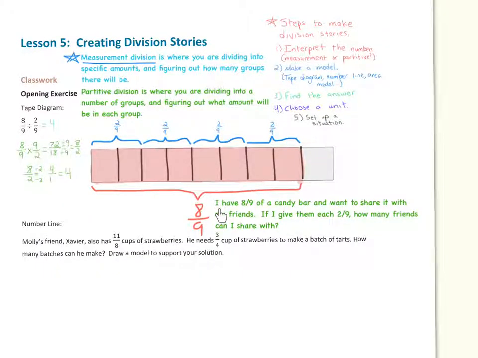So maybe I can write a story like this. I have 8/9 of a candy bar and want to share it with my friends. If I give them each 2/9, how many friends can I share with? So I would set up 8/9 candy bar broken into sets of 2/9. And after I make my model and do my math, I would find out I could share with 4 friends.